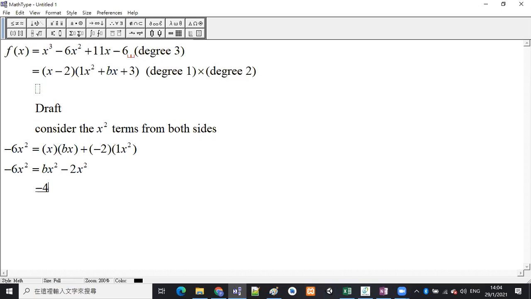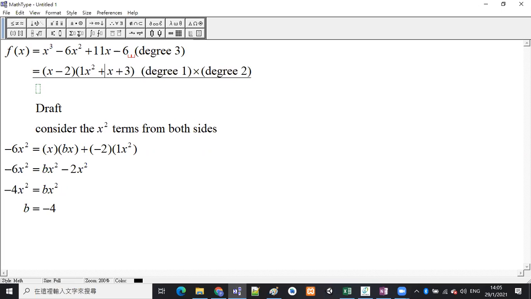Okay, which means that negative 4x squared is equal to bx squared. So b is equal to negative 4, like this. Okay, which means that this b plus bx should be equal to negative 4x.